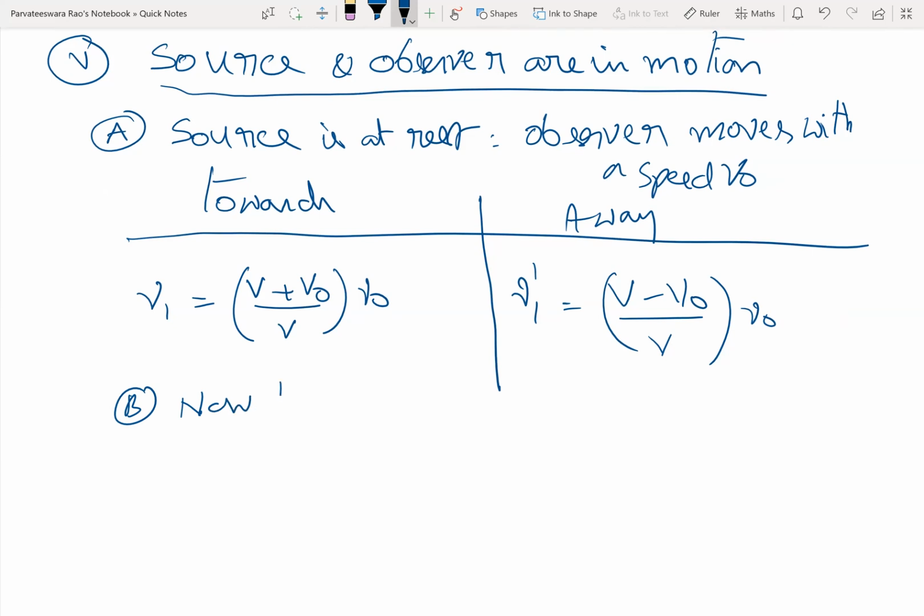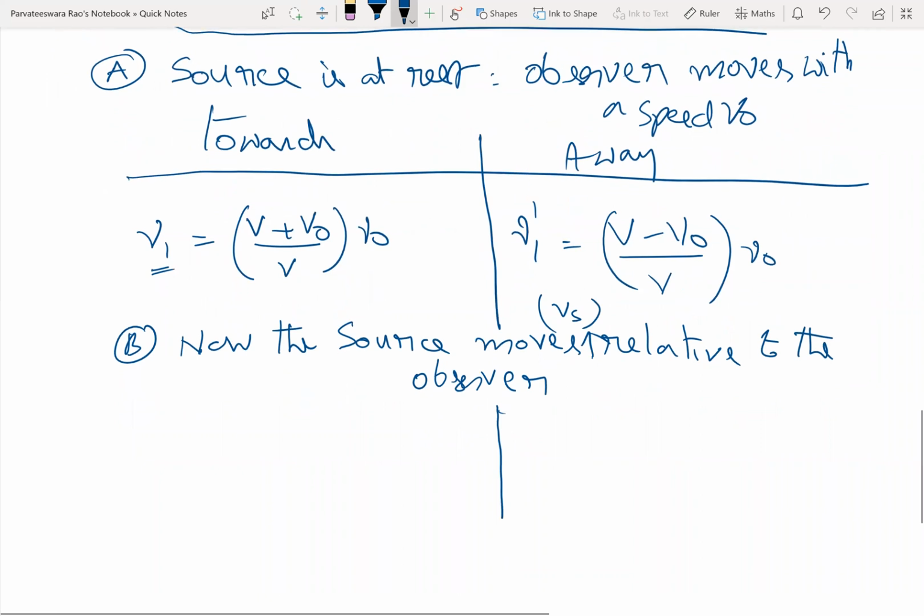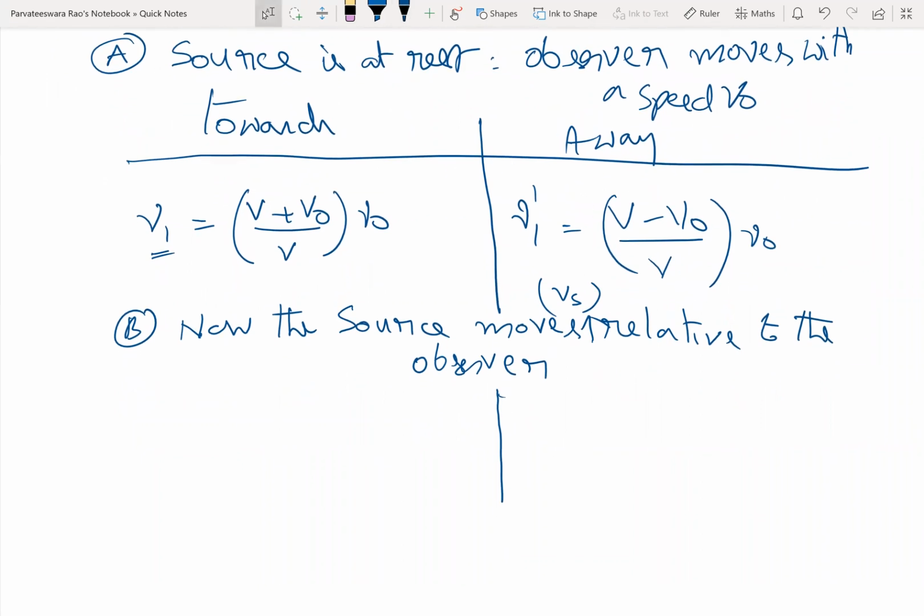Now the source moves relative to the observer, of course, with a speed Vs. So whatever apparent frequency is heard by the observer when he is moving towards or away from the source will appear to be the actual frequency when the source is moving towards him.